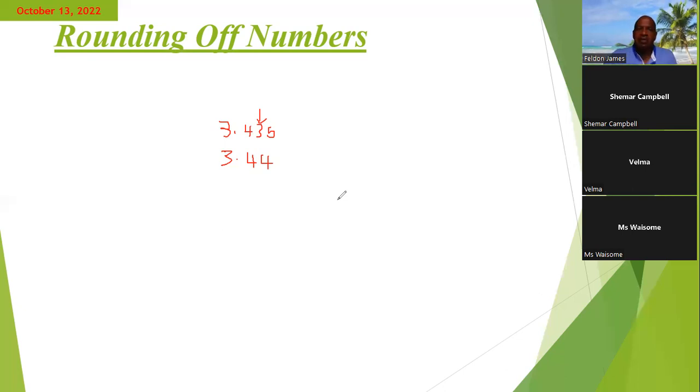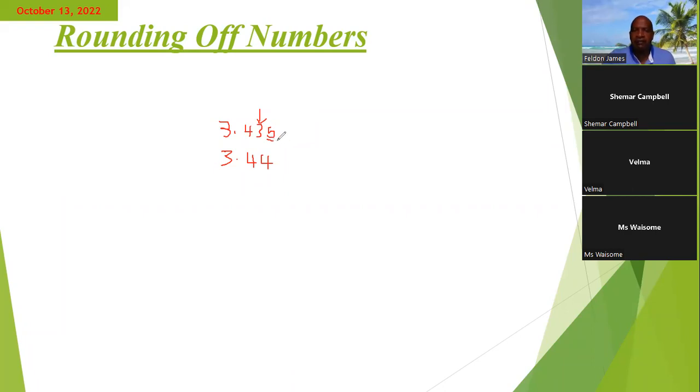All right, so really and truly what's happening here is that this number, 5 here, would tell you how close you are to the 3 or to the next number, which is the 4. So how close would you be to the 3 or the 4?